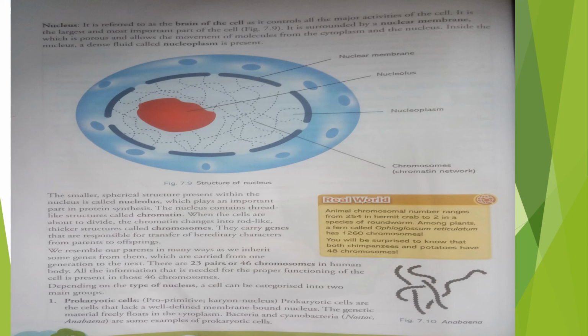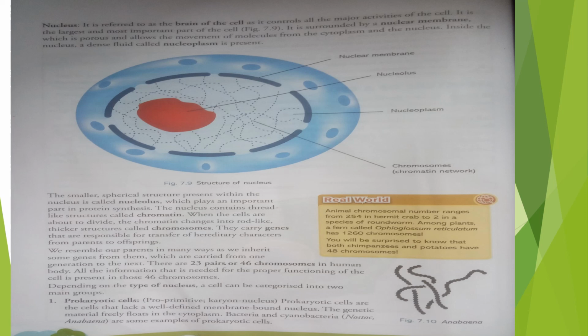So students, remember, prokaryotic cells are cells which do not have a well-defined nucleus, and their chromatin material floats in the jelly-like substance, or we can say the cytoplasm. And this kind of cell is very small.